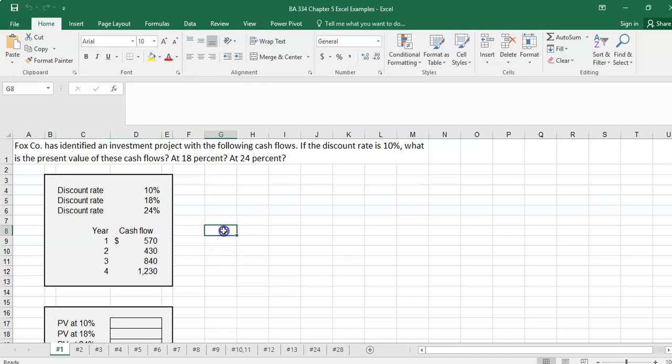So the present value equation, remember, is the future value divided by 1 plus the rate to the time. We need to do that for each one of these cash flows if we're going to do a mathematical equation. Let me make that font just a little bit bigger so you can read it.